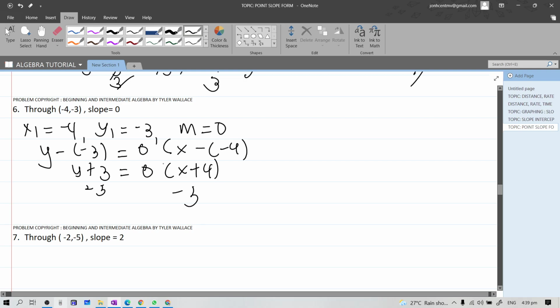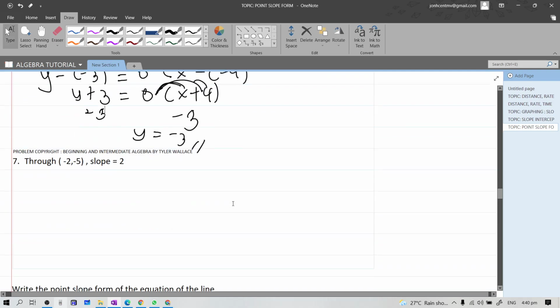Since ito naman ay magiging 0 na, so ang magiging y natin is negative 3. Okay? So, ito kasi distributive yung 0. So, add both sides ka ng negative 3 para ma-isolate si y. So, y is equals to negative 3.